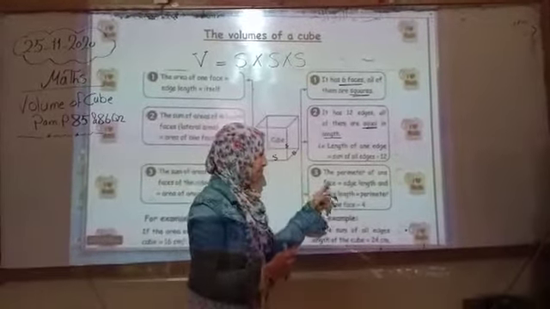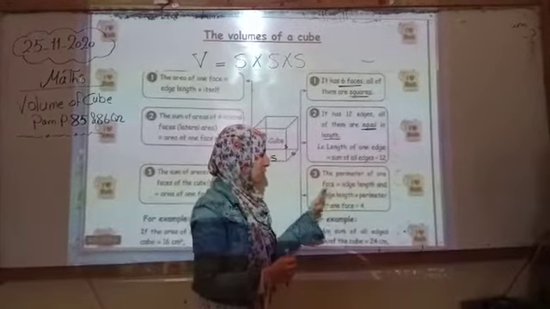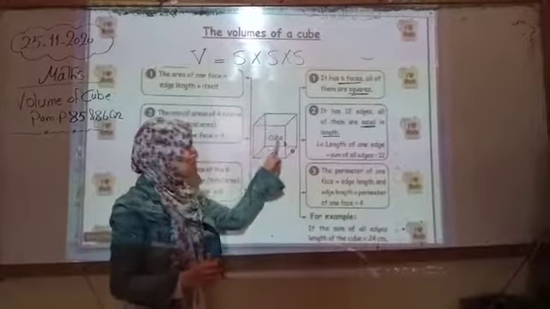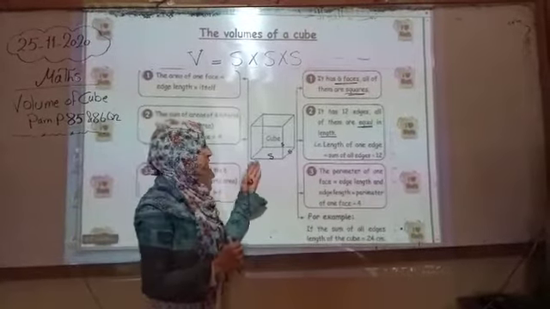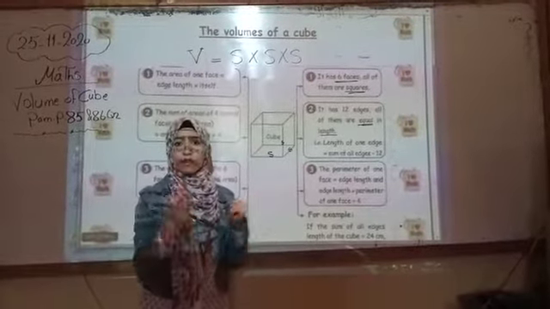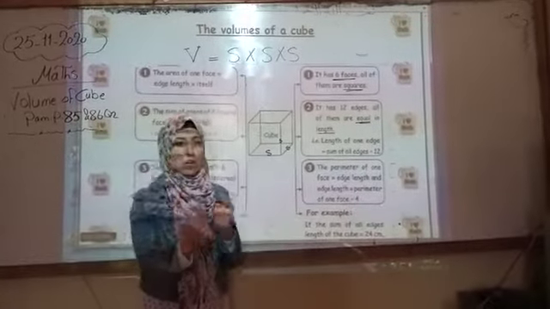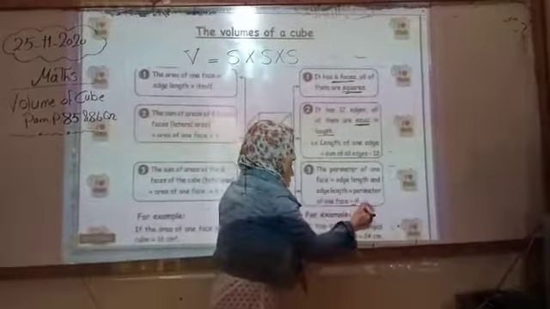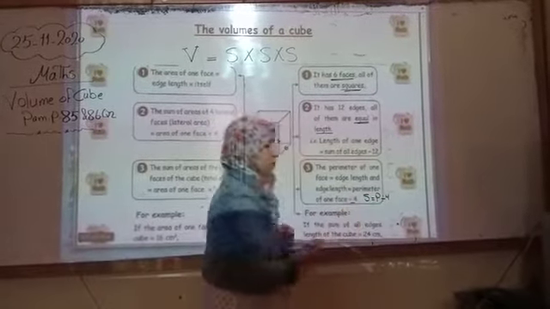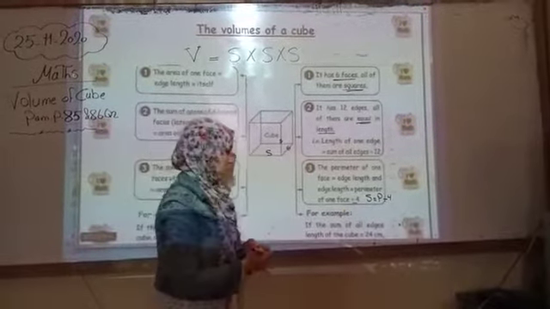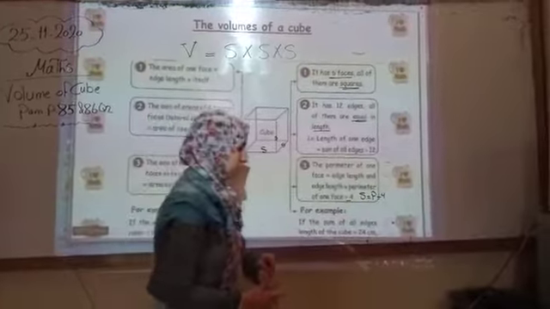If I have perimeter of one face and I want the side, how do we get perimeter of square? Side by 4. But if I have the perimeter and I want only one edge, I make perimeter divided by 4.